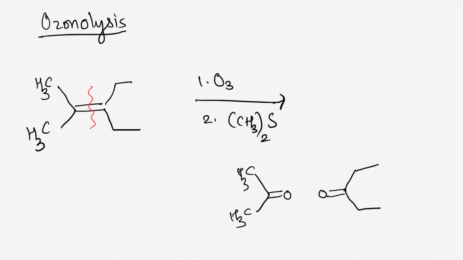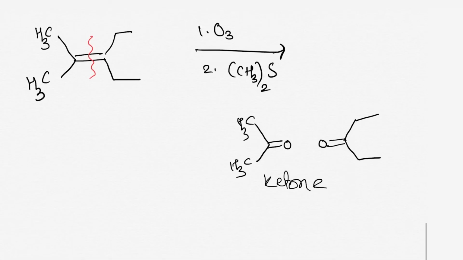So, ozonolysis is typically done where you take an alkene and you dissolve it in some kind of inert solvent like dichloromethane, and then you bubble ozone through the alkene to convert the first step, and then the second step, which is the workup step, will really determine what products are formed. So, one of the ways we have seen this is we can form ketones at the end of the ozonolysis reaction.